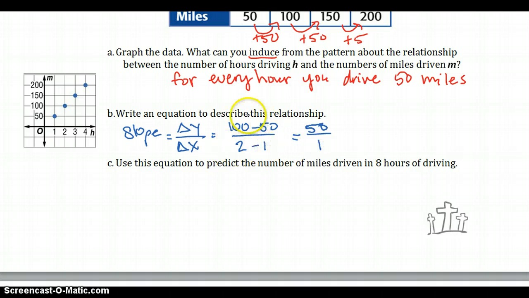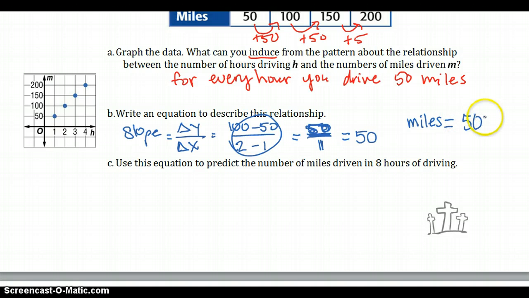So really, I could have skipped this step because I already knew that the difference of the y values was 50. The difference of the x values is 1. So my slope is 50. So to write that as an equation, miles or distance equals my rate, which is 50, times my time. And they told us to use m for miles and h for hours.